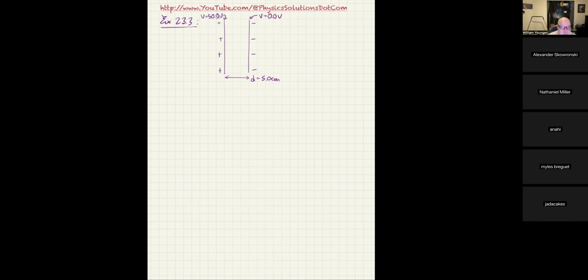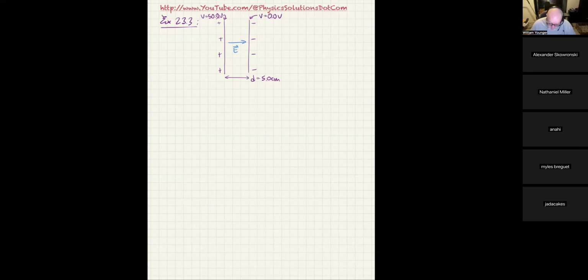That means the electric field, remember, is defined to point in the direction in which a positive test particle would actually travel. So if we dropped a positive particle between these plates, we'd find that it would run that way. Therefore, the electric field is that way as well.